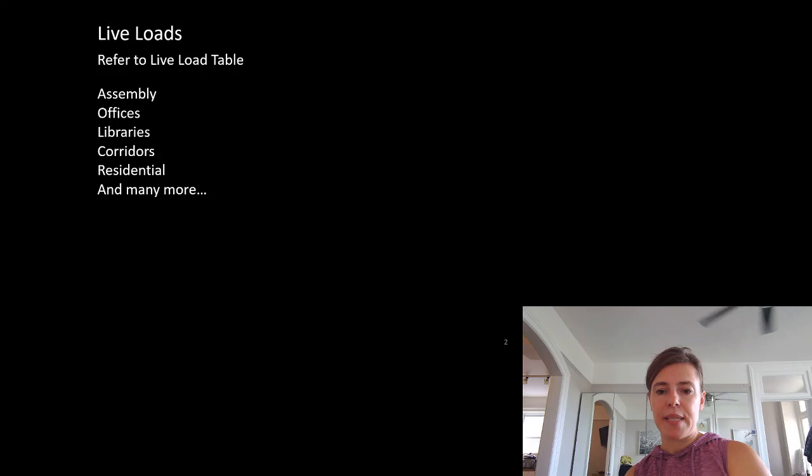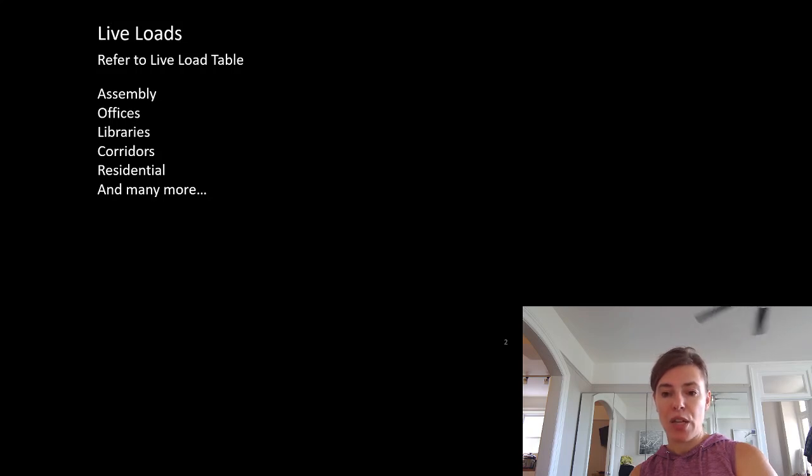We break live load down into different kinds of categories. We'll talk about assembly loads, which means lots of people can gather in it. Offices, libraries, corridors, residential. There's actually a whole list of live loads. If you go into the PDF Helpful Downloads module, you will find a live load table.